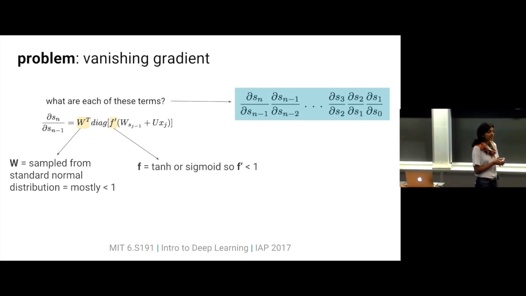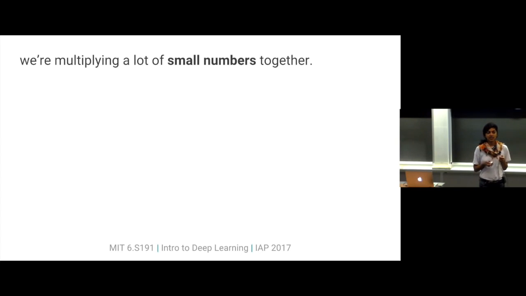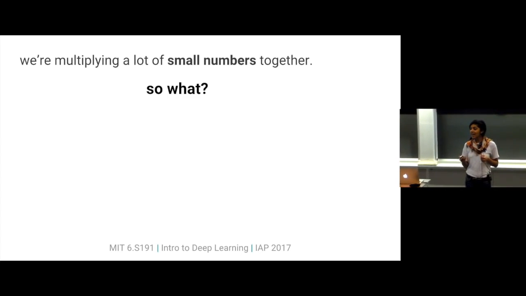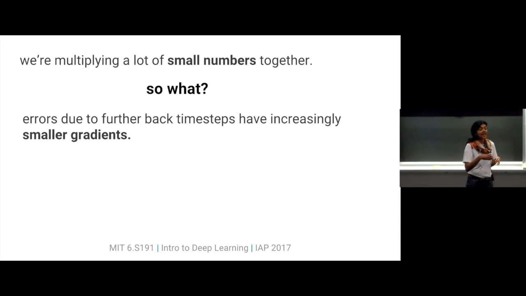And that's going to get really tiny really fast. OK, we're multiplying a lot of small numbers together. And what this means is that the gradients from further and further back, basically the errors from further and further back, are going to be contributing less and less to the loss at future time steps.